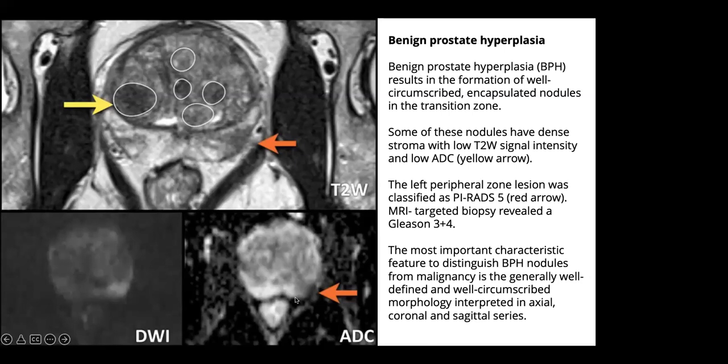The margins of this lesion are very ill-defined and uncircumscribed. If we follow it on ADC and diffusion, it shows significant signal changes, making it highly suspicious, versus the changes of benign prostatic hyperplasia in the transitional zone.